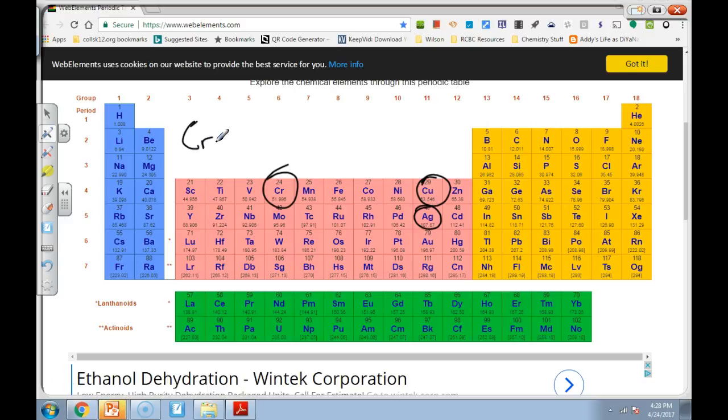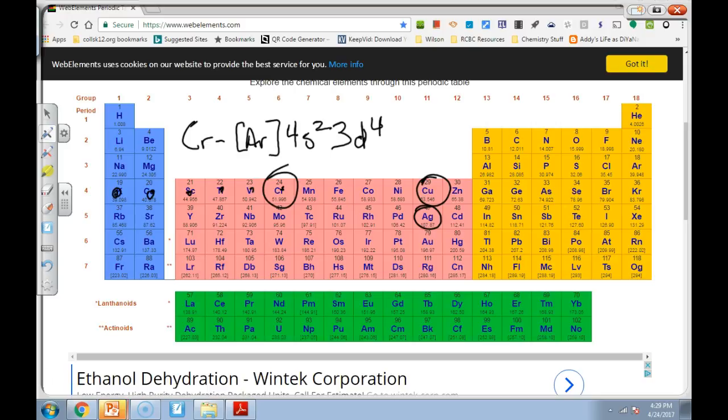If we're going to write an electron configuration, chromium has an electron configuration of argon, that's its core, and then 4s2, and then 3d4. That's not the most stable electron configuration.